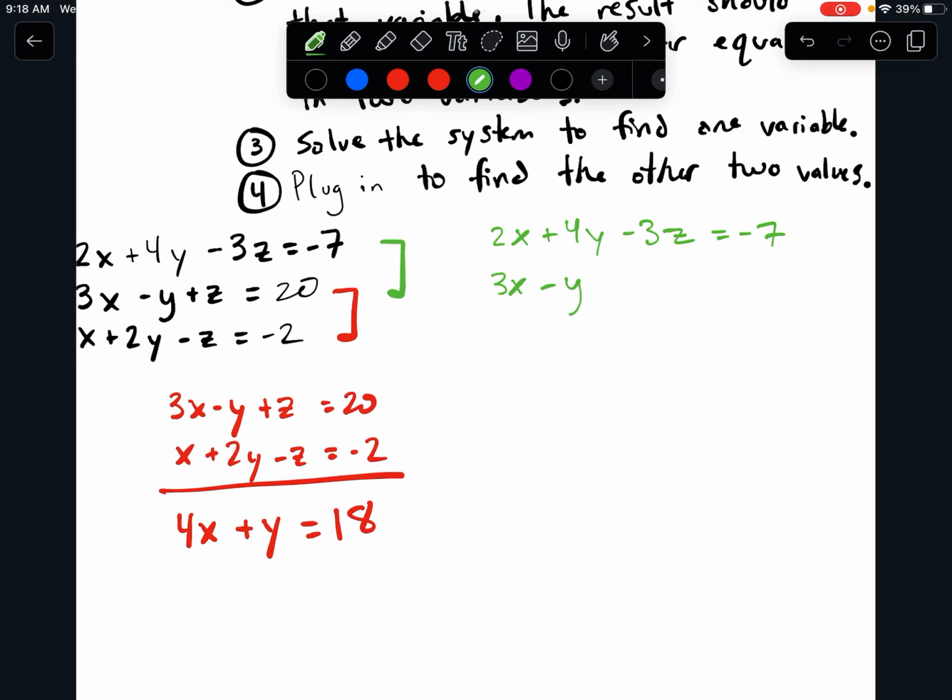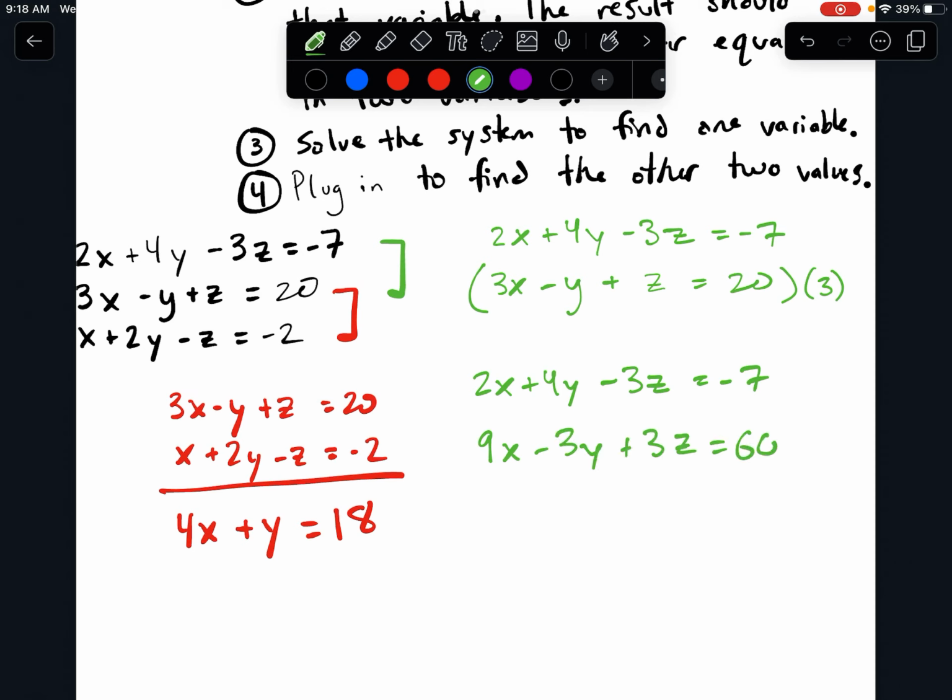And we're going to take this 3x minus y plus z equals 20. And just like we did with elimination before, we're going to try to eliminate these. So I'm going to multiply everything by 3. That's going to give me 2x plus 4y minus 3z equals negative 7. And 9x minus 3y plus 3z equals 60.